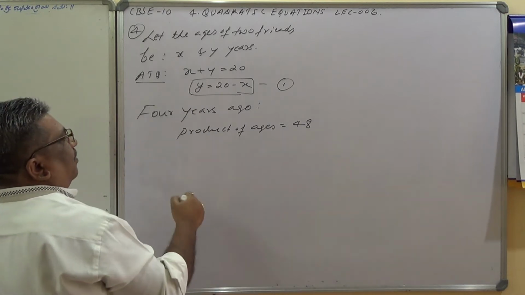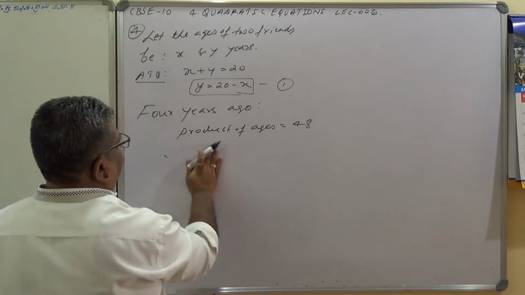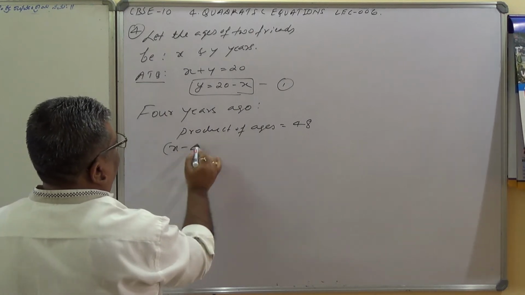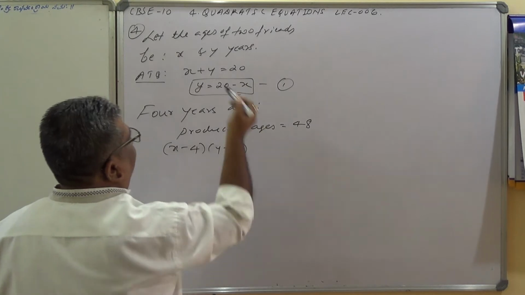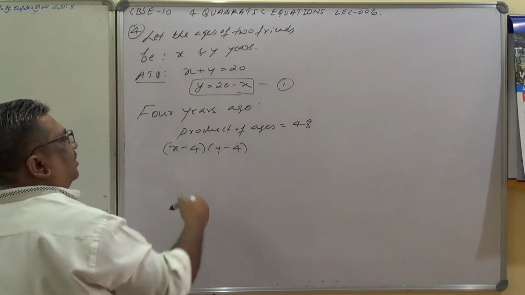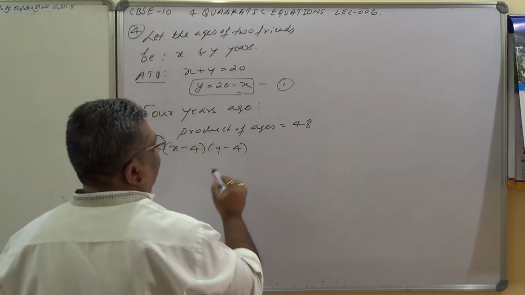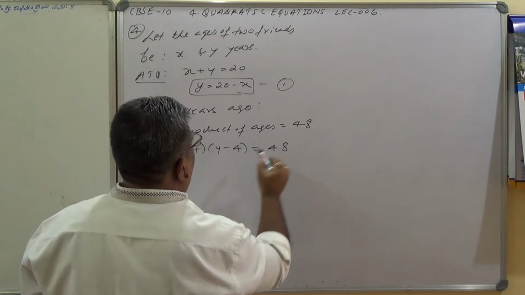So 4 years ago the product means x minus 4 into y minus 4, because if the present ages are x and y, then 4 years ago the age of one friend was x minus 4, and another was y minus 4, equals 48.